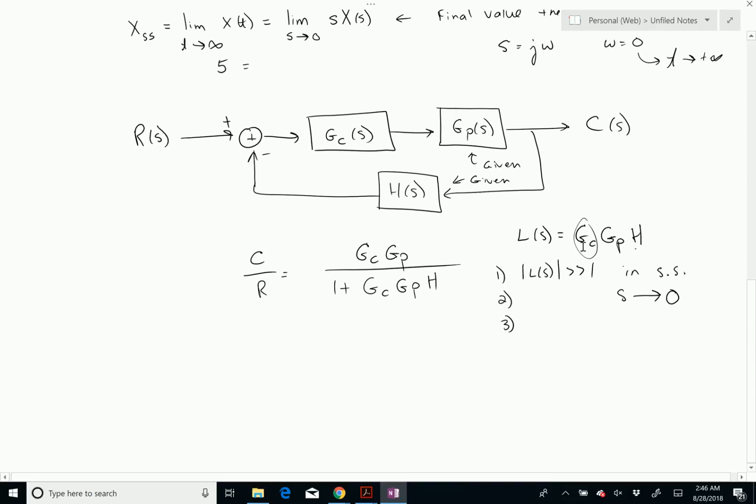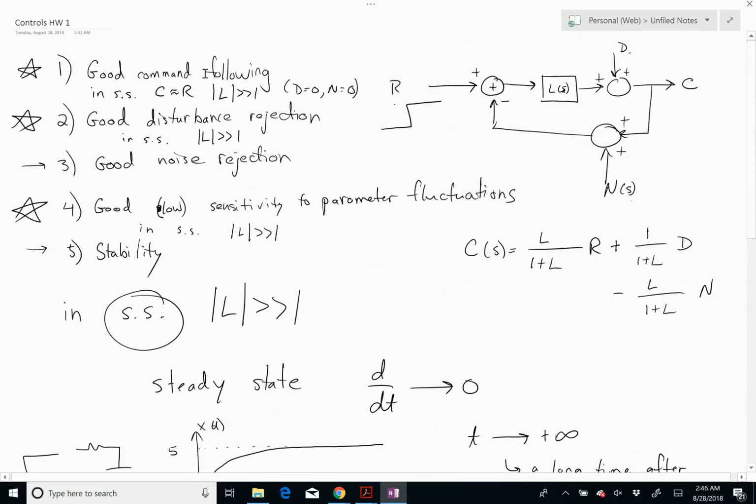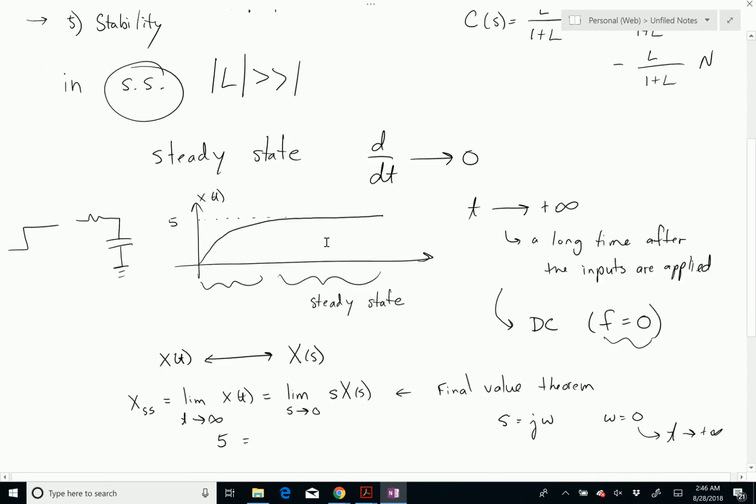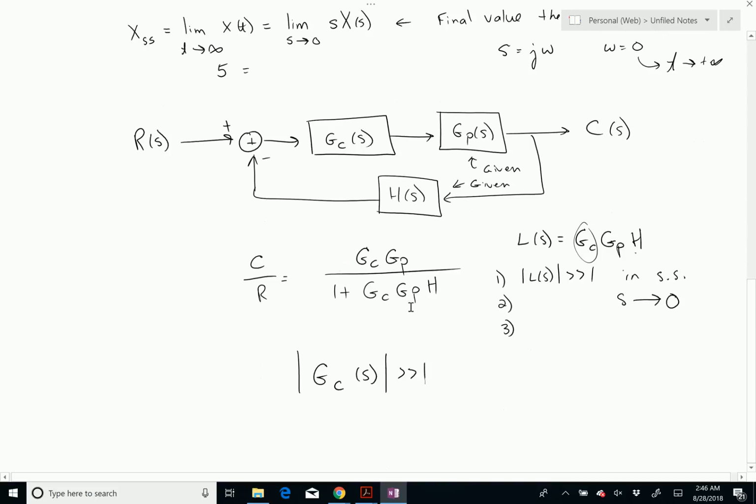And what I want to have happen is, because I want L of S to be much, much greater than 1 in steady state, what that means is that G sub C of S, I want to be much, much greater than 1, okay? If I want to achieve good command following, so here. So if I want good command following, good disturbance rejection, and low sensitivity to parameter fluctuations, I need to make sure that my G sub C of S is much greater than 1.